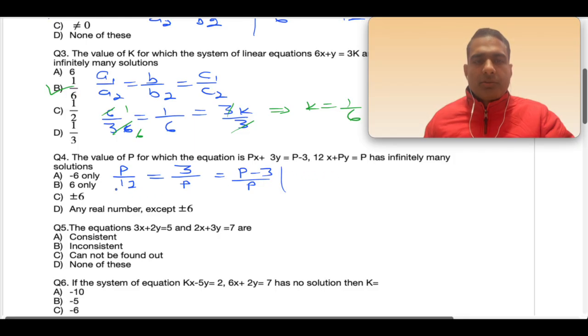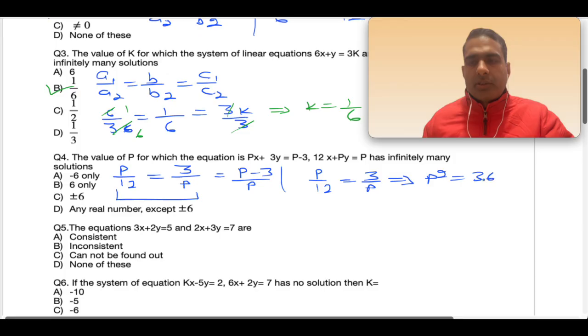Okay, so now if we take the first two equations, we get p by 12 is equal to 3 by p, and if we cross multiply, we will get p square is equal to 36. Now p square is equal to 36, so the square of any number is 36, so it can be positive and negative both, plus minus 6.